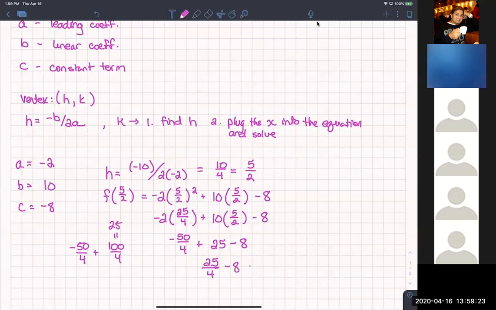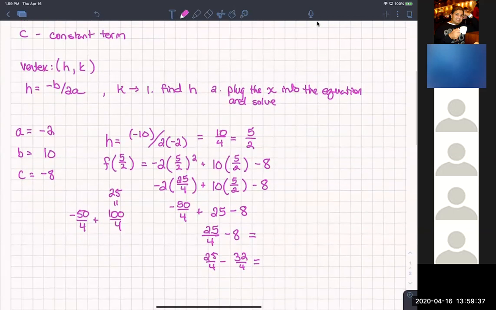Minus 8, which gives me, if I find a common denominator, which is 32 over 4, which gives me negative 7/4. Okay. So my vertex is 5/2, negative 7/4. Okay.